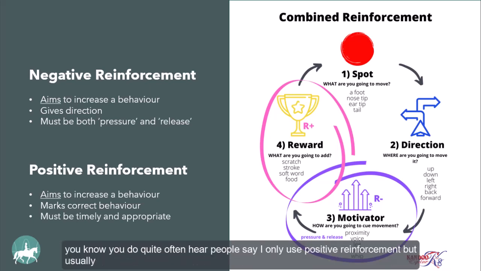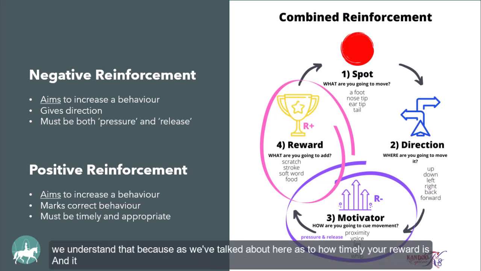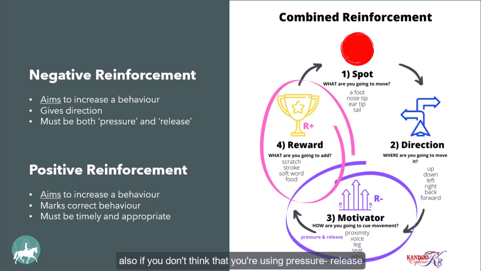So, you do quite often hear people say, I only use positive reinforcement, but usually they're using combined reinforcement. And I think it's important that we understand that, because we've talked about here how timely your reward is. And also, if you don't think that you're using pressure release, it's possible that your release isn't very timely either.